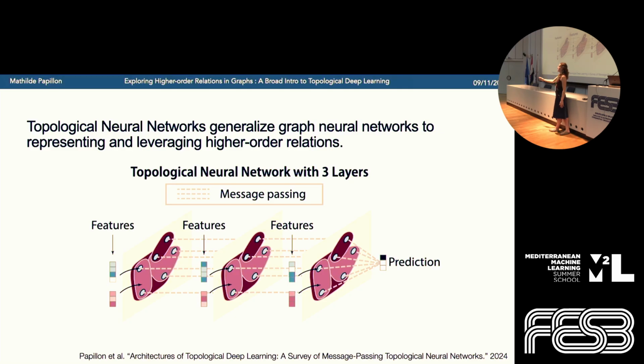I can say, this is an edge, this is a face, this is a volume. This concept of rank, or dimensionality, is introduced into what was before a very flat graph. So that's what a TNN looks like. It's really not that different from a GNN, but we have to be careful about how we represent this data and how the message passing operates on this domain.